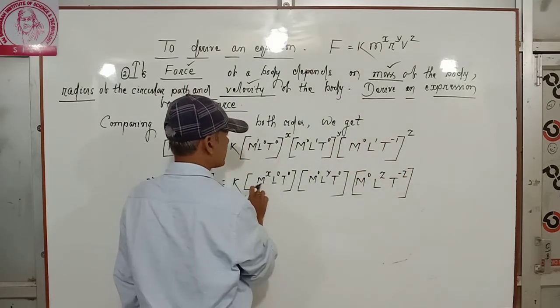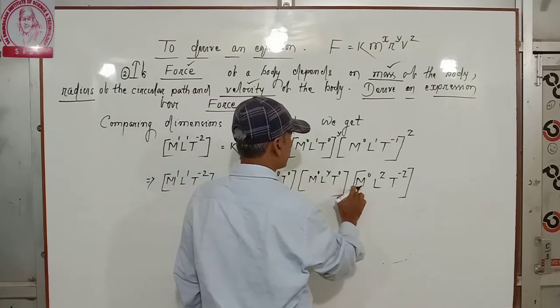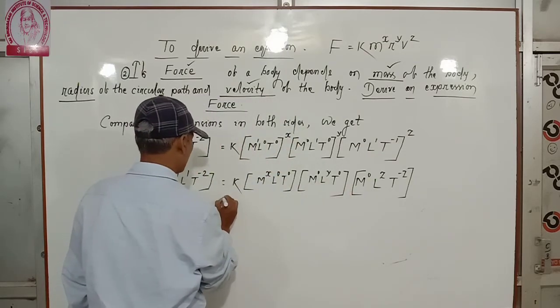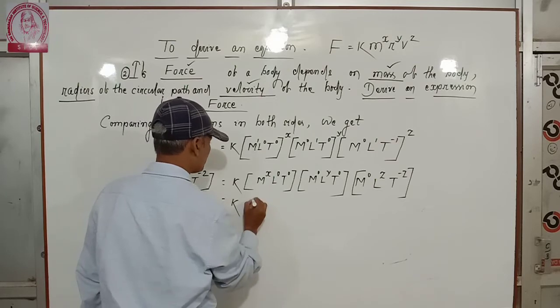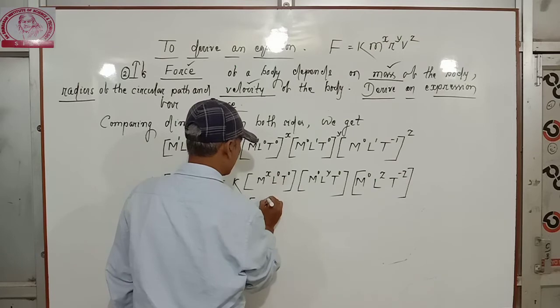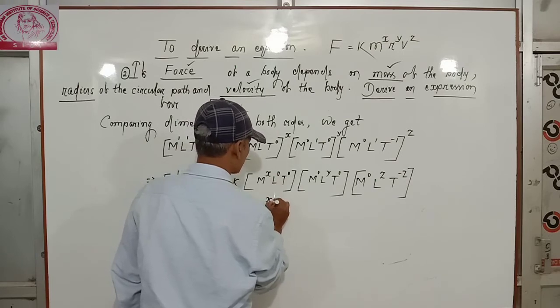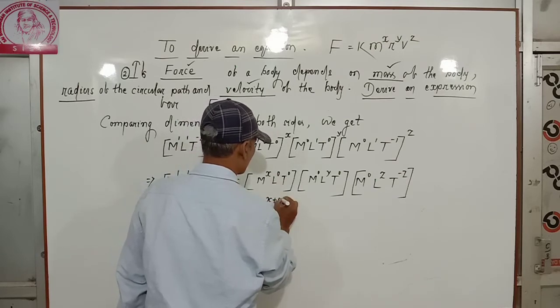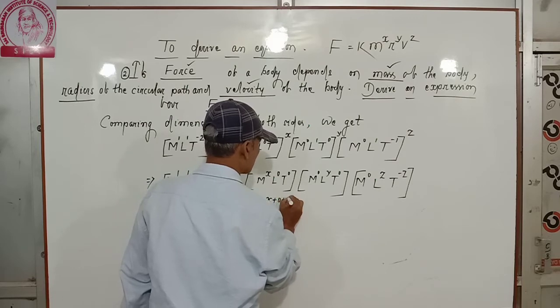Now here the base is M, here the base is M, here the base is M. So calculate now k into, it is simply M to the power x plus 0 plus 0.